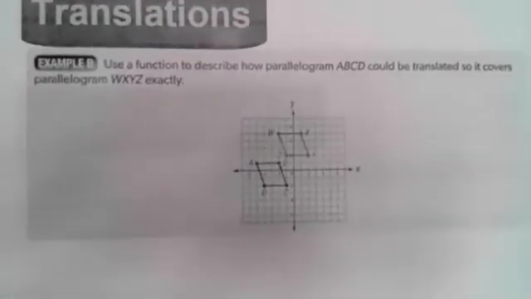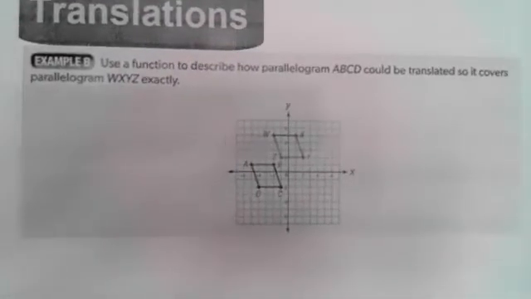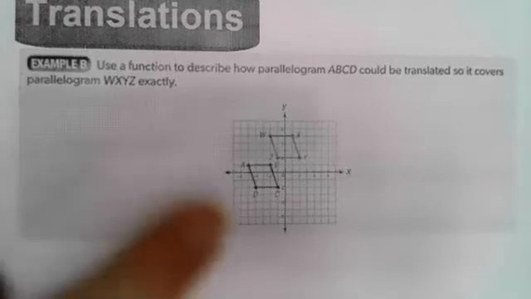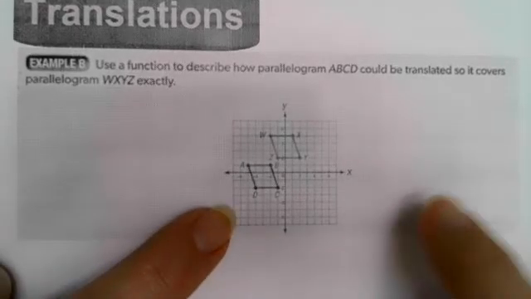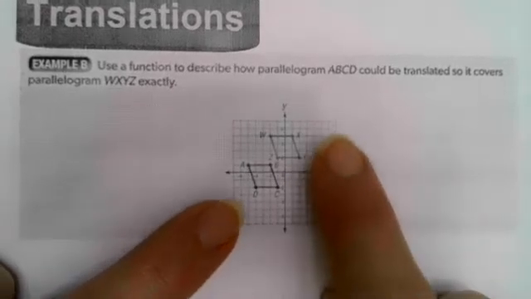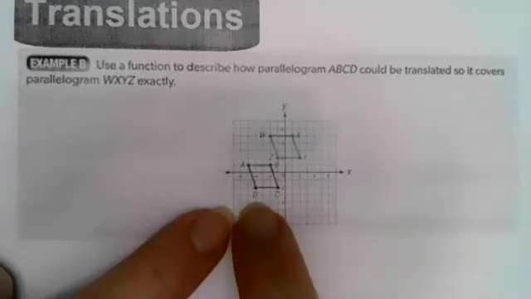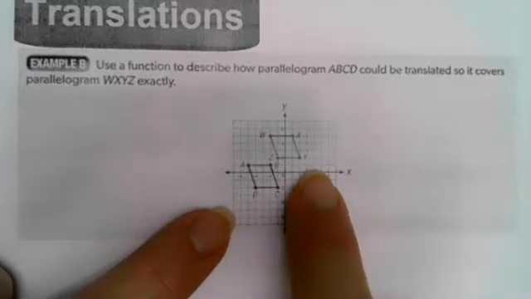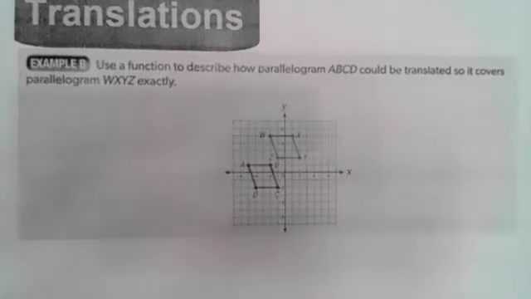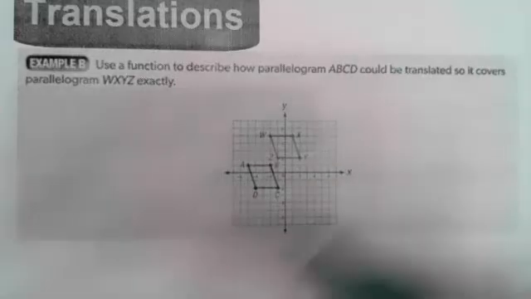All right, I've got one more example for translations. This time I'm going to use a function to describe how parallelogram ABCD should be translated to cover WXYZ exactly. So I'm going from A, B, C, D to W, X, Y, Z. So the letters matter how I put them in order.